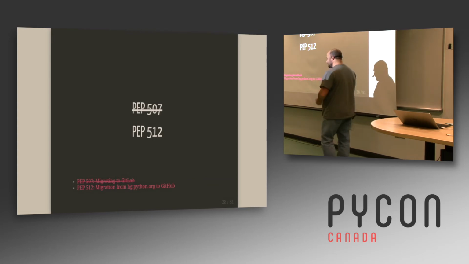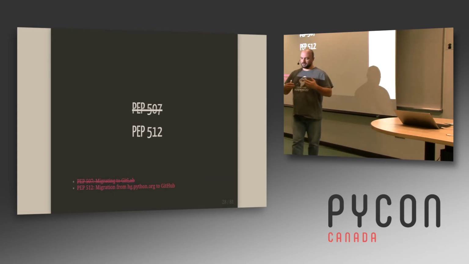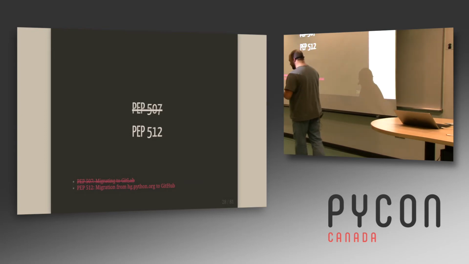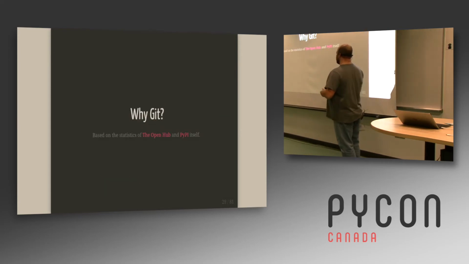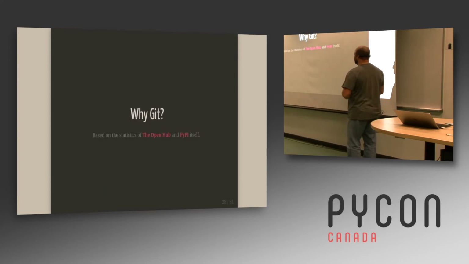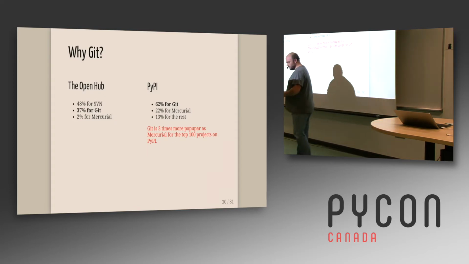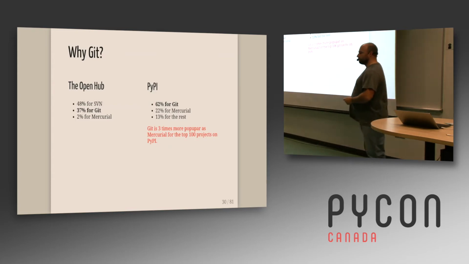There are some statistics, and we have selected Git and GitHub because we are not just smart developers, but we have some statistics and some facts. Okay, why Git? Just based on the statistics. Firstly, on OpenHub, 37% of the projects used Git.